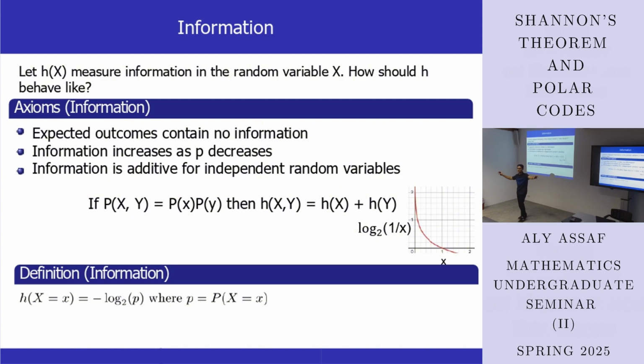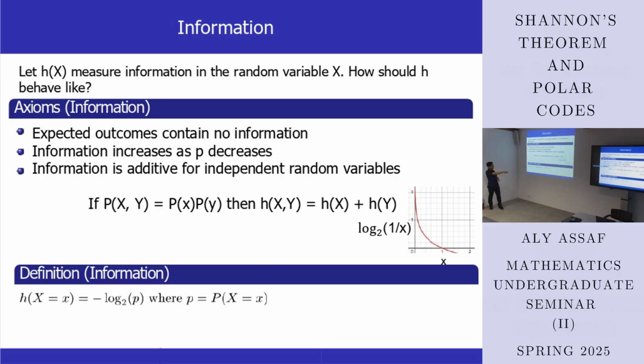I measure here and measure here. The total information I should get from both of them should be just the sum, simply. And turns out, somehow, the log function here matches all of those properties perfectly. And that's why the information content of some random variable is formally defined as log of 1 over p.